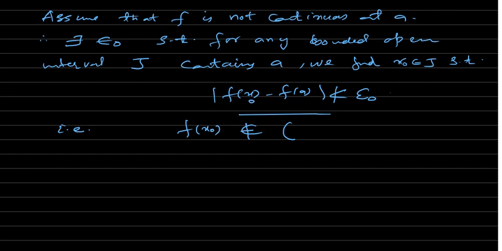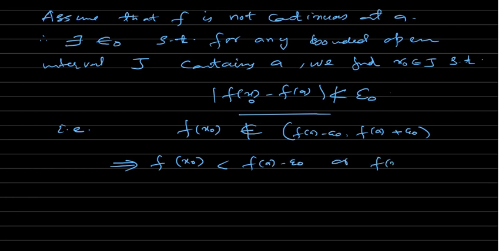This f of a minus epsilon naught and f of a plus epsilon naught. So this means that f of x naught is either less than f of a minus epsilon naught, or f of x naught is greater than f of a plus epsilon naught. It's not in this interval.